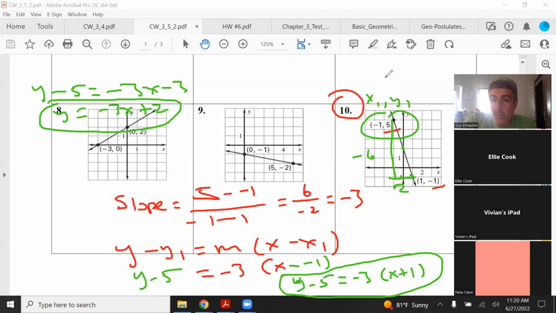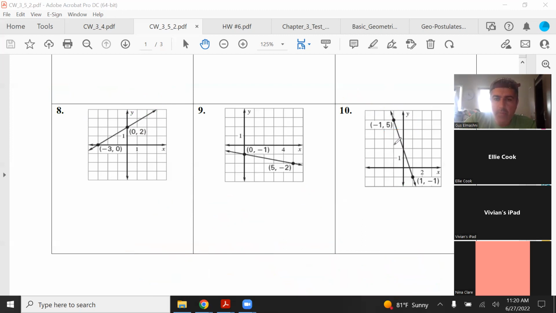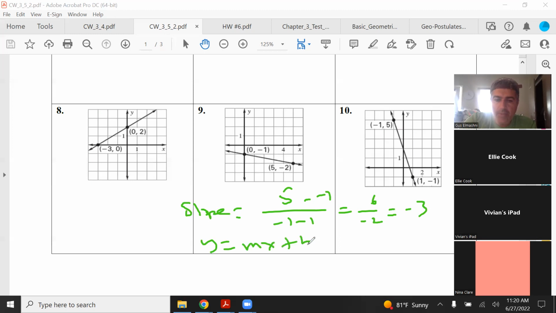So, you know, you can use point slope form if you like. Or if you want to use slope-intercept form, again, find your slope. Again, you've got to take a difference in y's over a difference in x's. And then, of course, if you wanted to go straight to this, you have -3 for your slope.